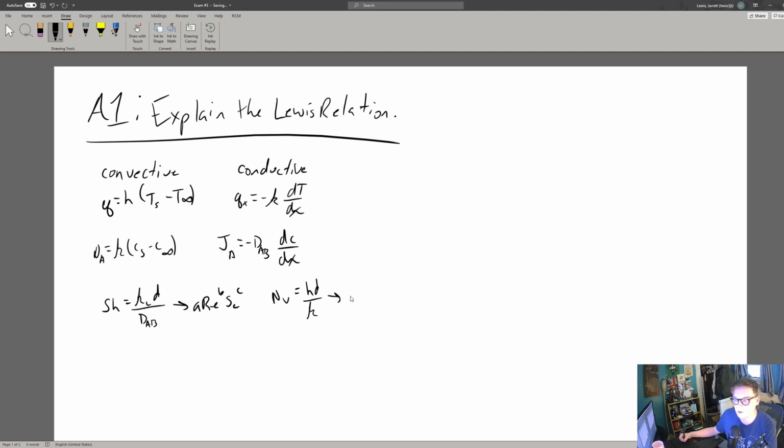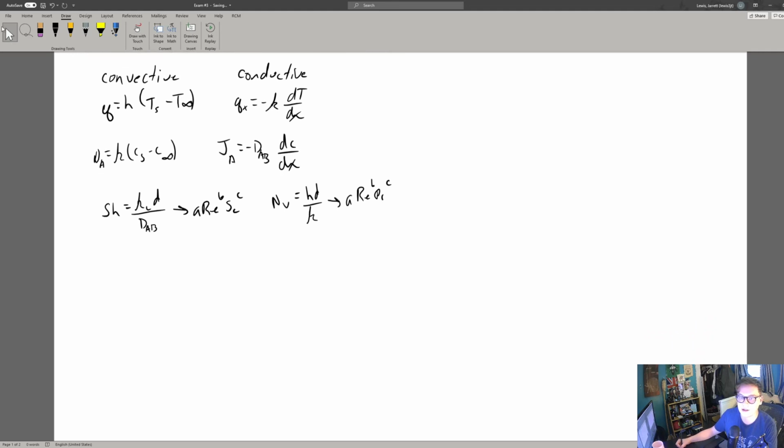So some coefficient A times the Reynolds number raised to the B times the Prandtl number raised to some power C. And you'll notice that I used A, B, and C in both equations. This is because A, B, and C are equal to each other in these cases. So let's take a closer look at the Schmidt number and the Prandtl number.